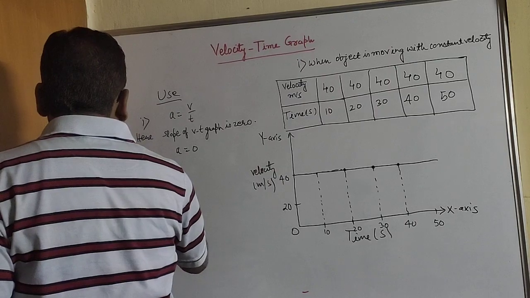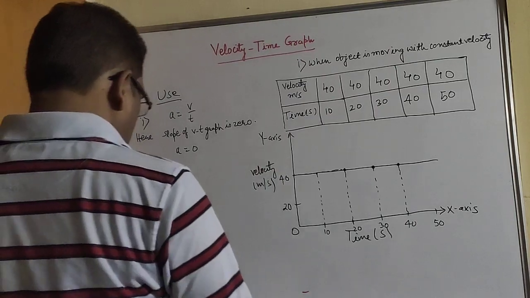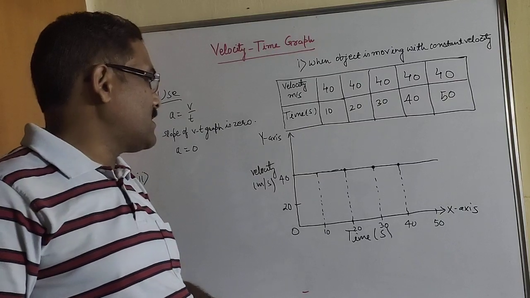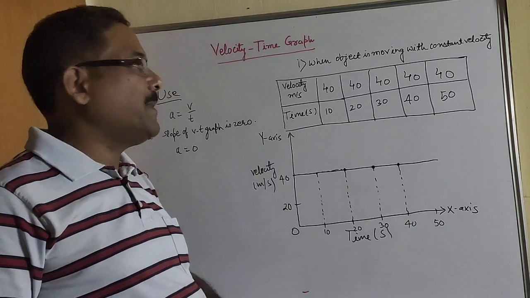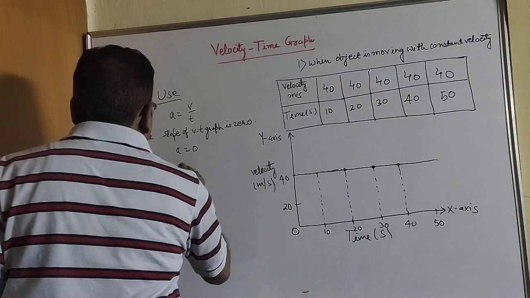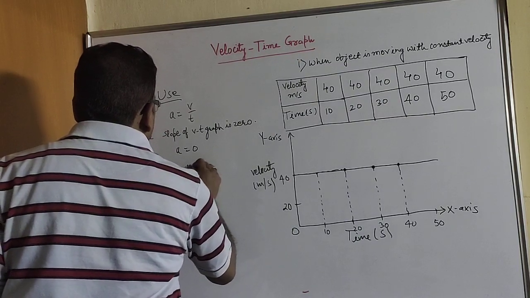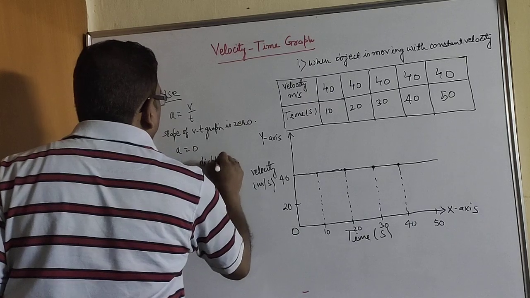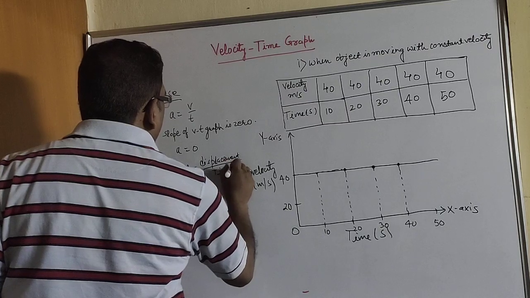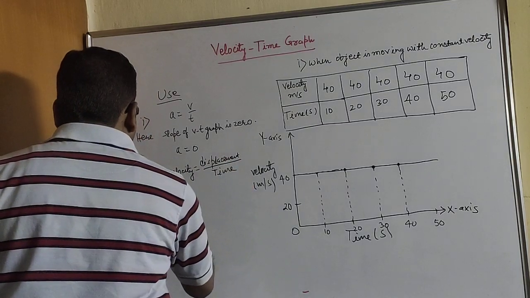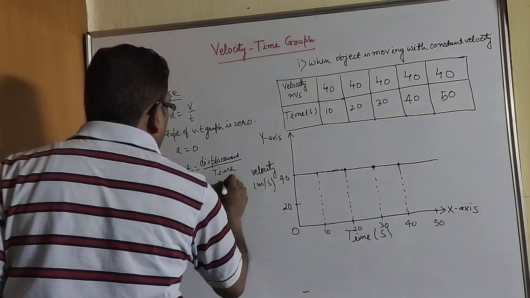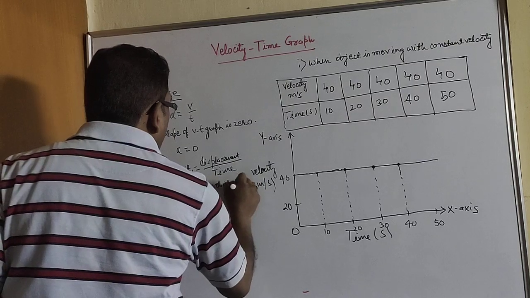The second thing we can calculate from this graph is the magnitude of displacement. As we know, velocity is equal to displacement by time. So we can say that displacement is equal to velocity into time.